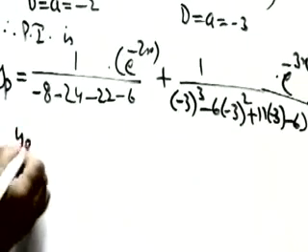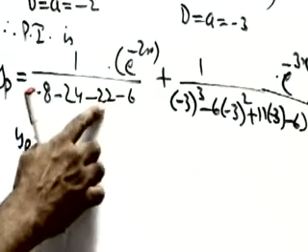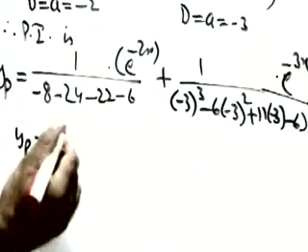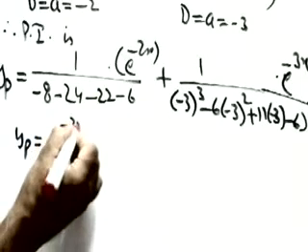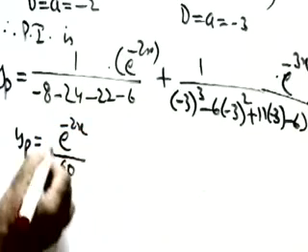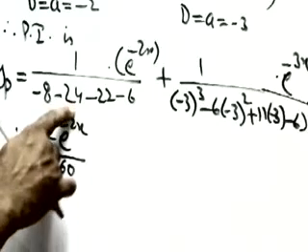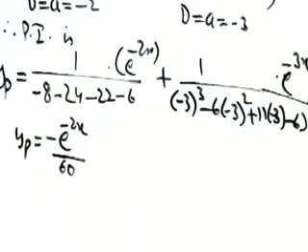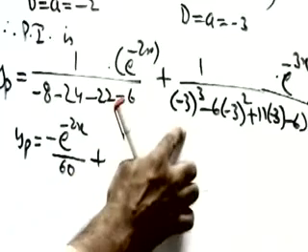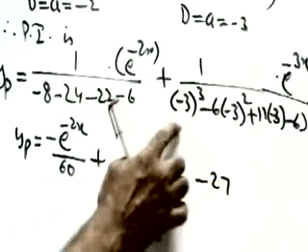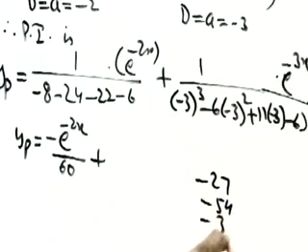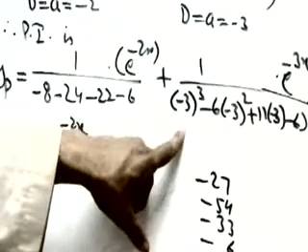So let me continue here. See here, yp equals to, what will happen, this one: 22, 24, 30, 40, 46, 52, 60. This will become e power minus 2x divided by 60, minus. Again, you see here, minus 3 cube is minus 27, 3 square, 9 sixes are 54, minus 54, minus 33, minus 6.